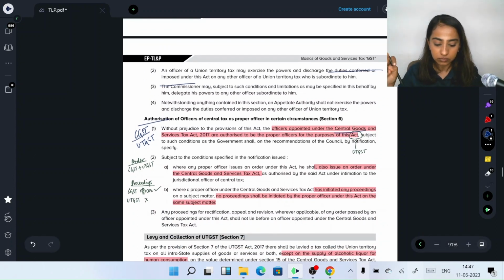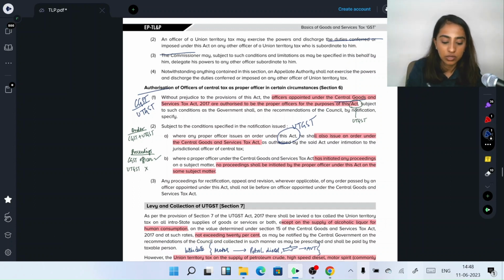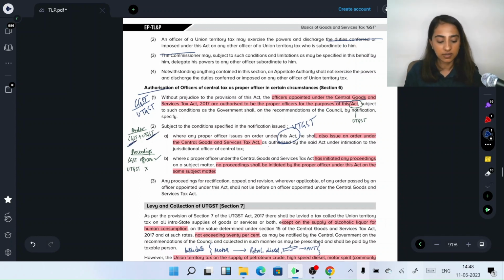Now, if at all any officer issues an order under the CGST, where any proper officer issues an order under this act, means UTGST, okay? So we are currently talking about UTGST. Shall also issue an order under the Central Goods and Services Tax. So if there's an order under CGST, there has to be an order under UTGST and vice versa.